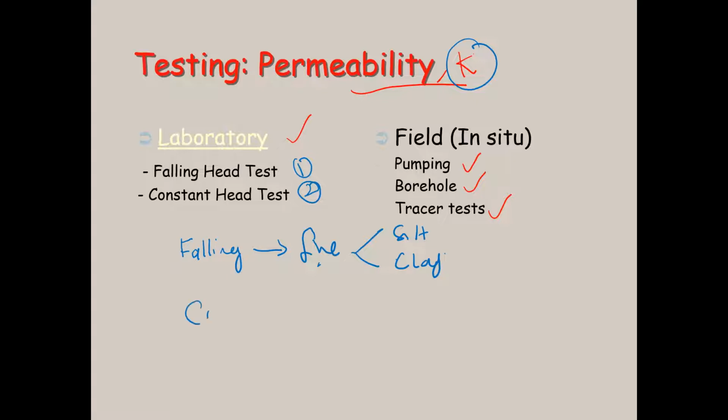The constant head test is opted for coarse-grained soil, such as sand and gravel. It's very easy for you to remember: falling is F for fine, constant is C for coarse.